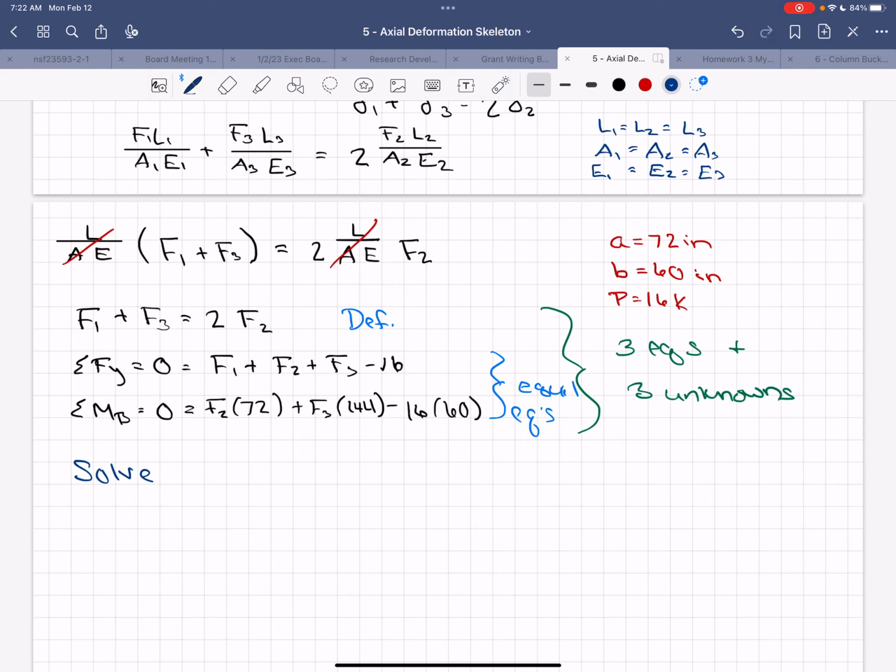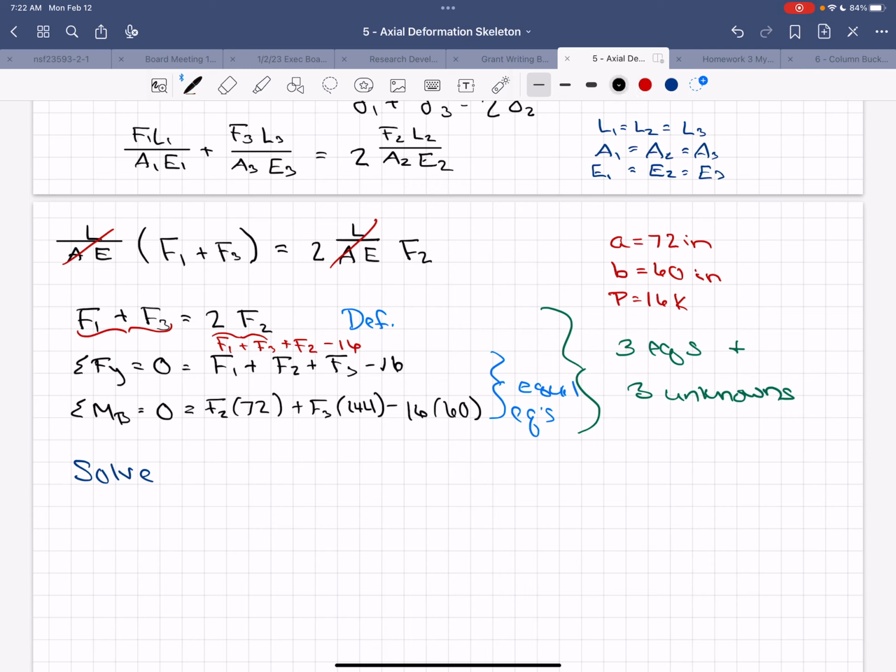If we rewrite this as F1 plus F3 plus F2 minus 16, then this is here and it equals 2F2.